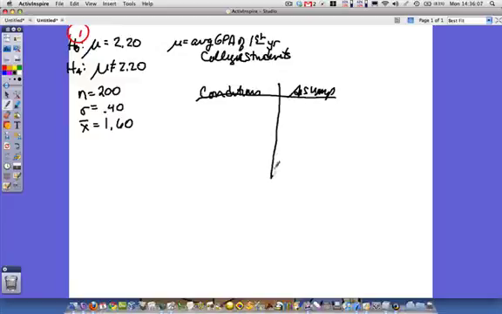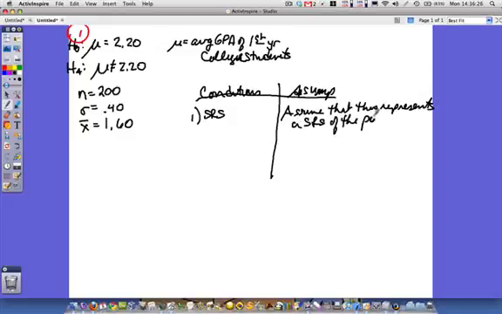The first condition is that we have a simple random sample. Okay, it wasn't stated, so we have to assume that this represents a simple random sample of the population.